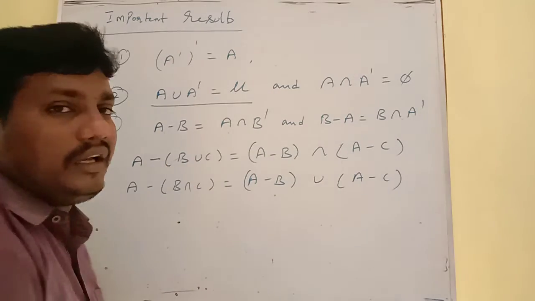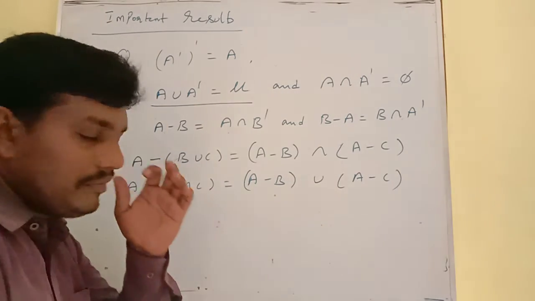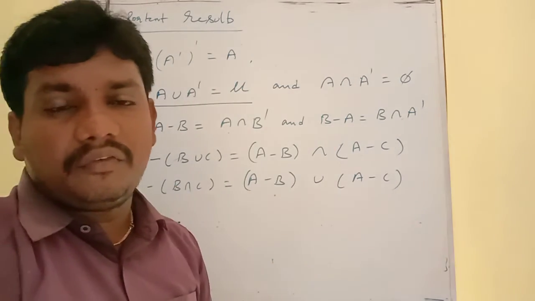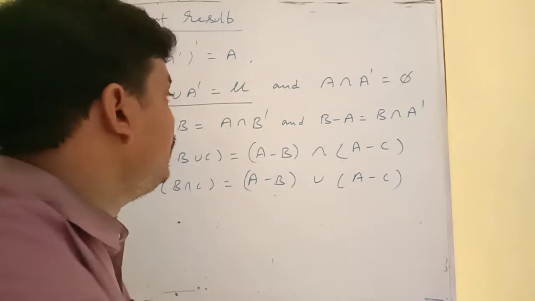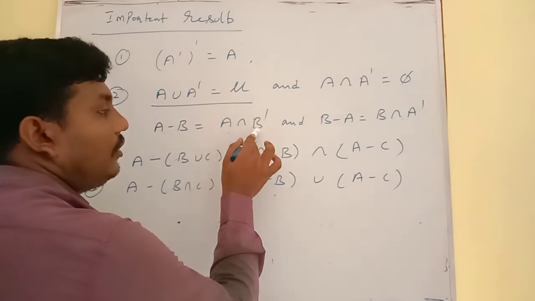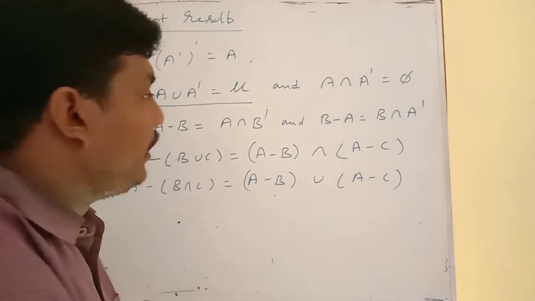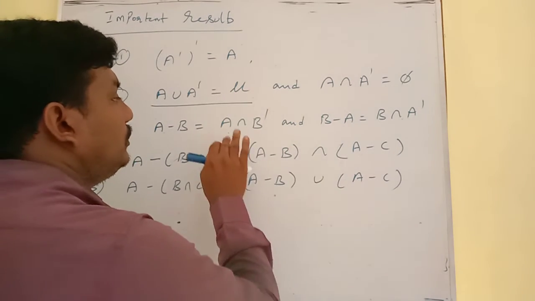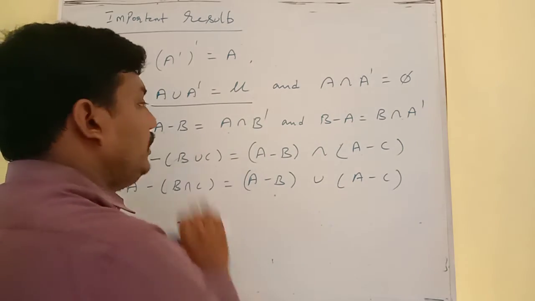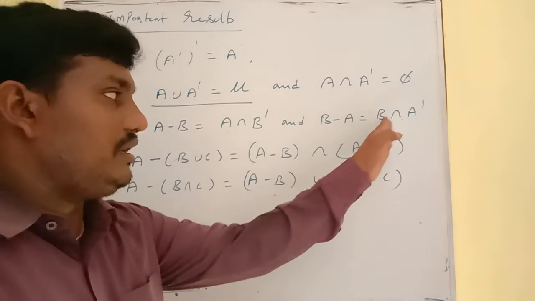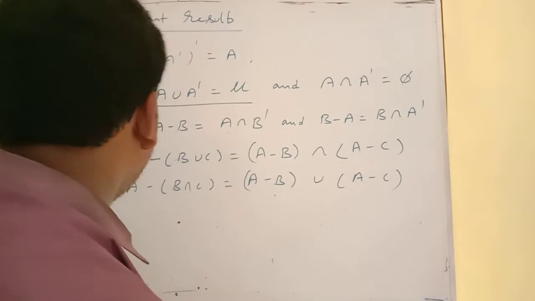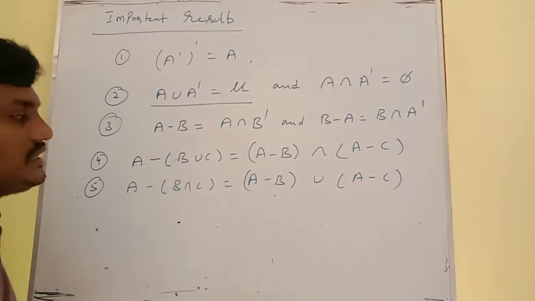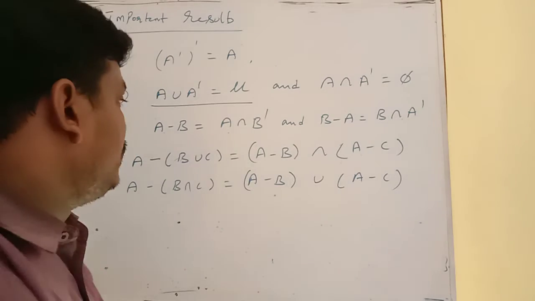A minus B. What is A minus B? A minus B means the difference. We consider only A elements, not B elements. That's the reason it is A and B dash, called A minus B. Like that, B minus A is B and A dash. Now consider A minus B union C, which is also very important.